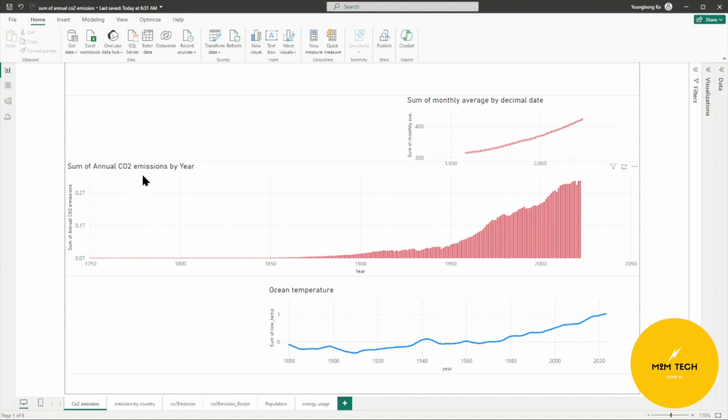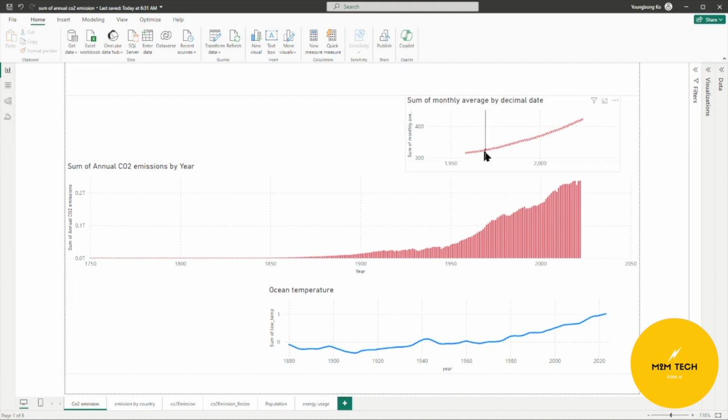I can see the CO2 emission on a yearly basis is gradually and significantly increasing. This is emission by the year, so if the global ecosystem can handle that emission properly, it wouldn't be a big deal.